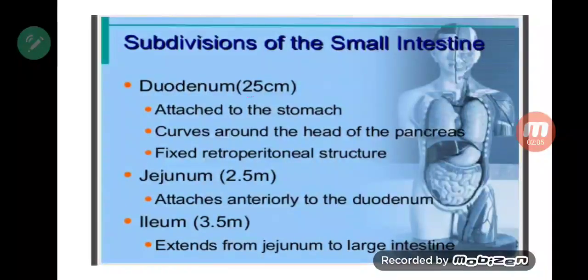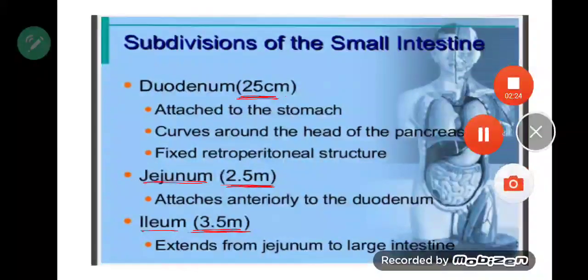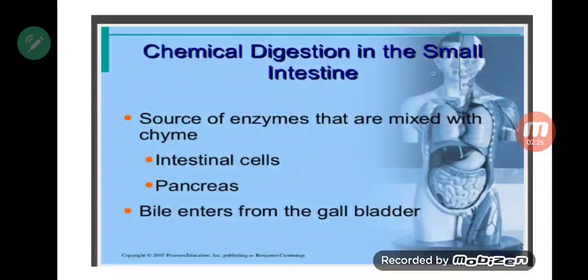It is very important to know the length of the duodenum. It is like this esophagus, 25 centimeters. The jejunum is 2.5 meters. Ileum is 3.5 meters. The small intestine is the source of enzymes that mix with the chyme of the stomach.